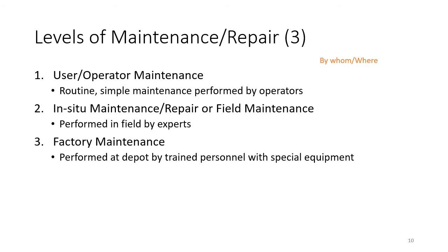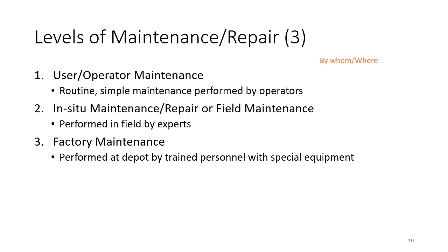In situ maintenance, repair, or field maintenance is performed by experts, and that's typically when the system has broken down. The system fails and can no longer operate, so the field maintenance department has to send people out to repair the situation.